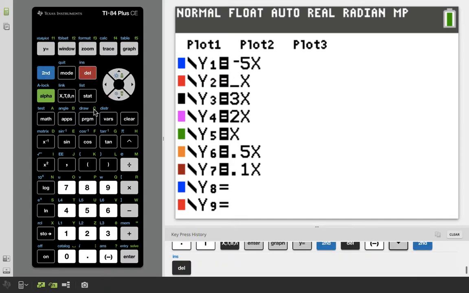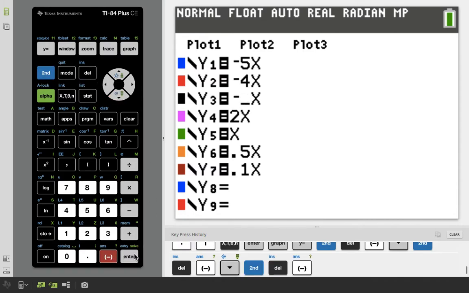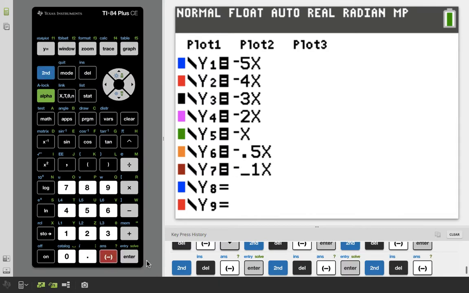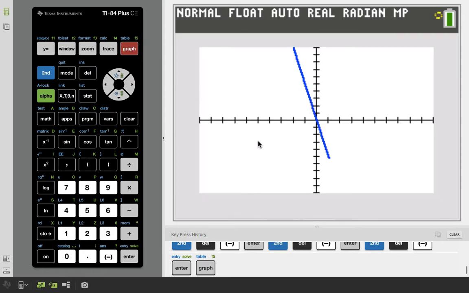So let me go ahead and drop in negatives here. So I'm dropping in negatives in front of everybody so we can see what happens here. Okay, so let's graph them.